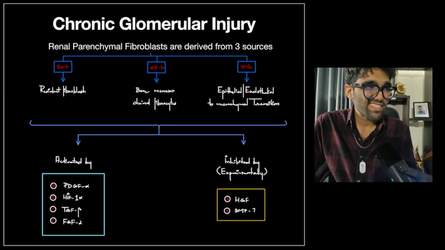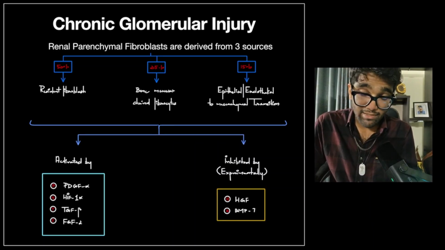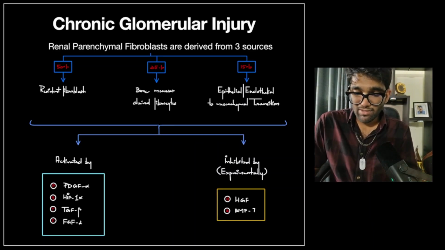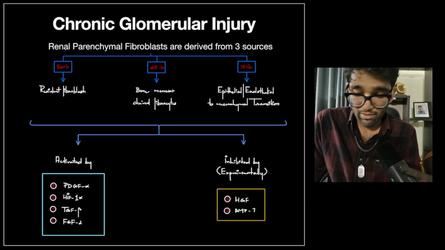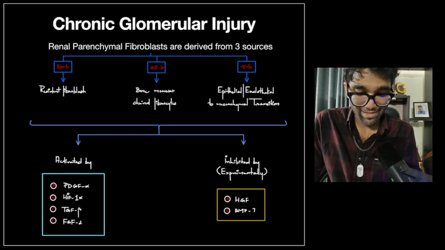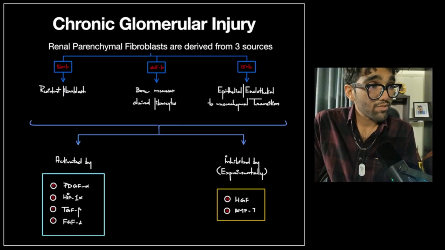This is just experimental, in situ probably this is not the case. Okay, but this is something that is given in Harrison 20th edition, so that is something that I need to highlight. I hope this much is clear.